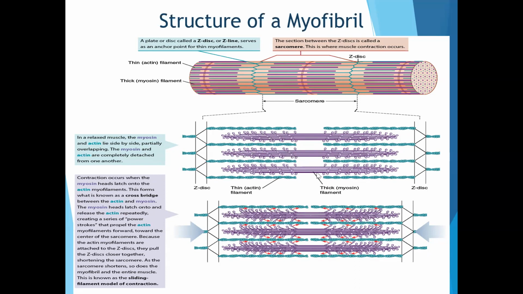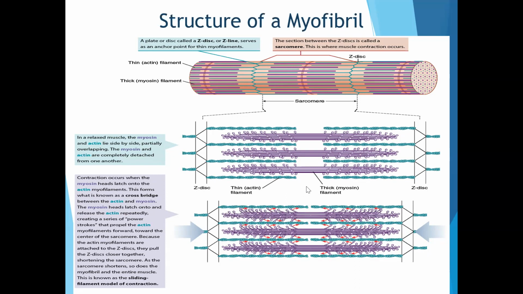So when we actually go to contract, what happens is the golf club shaped head of the myosin is able to grab on to binding sites in the actin, and that bind is known as a cross bridge. And so once it grabs onto the actin, it can pull, and so your Z discs get closer together, and that causes your sarcomere to shorten.